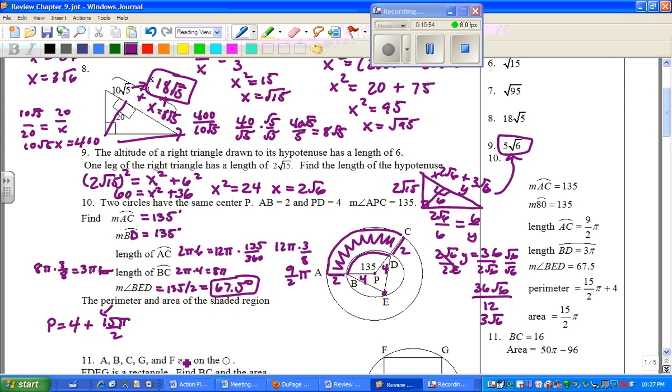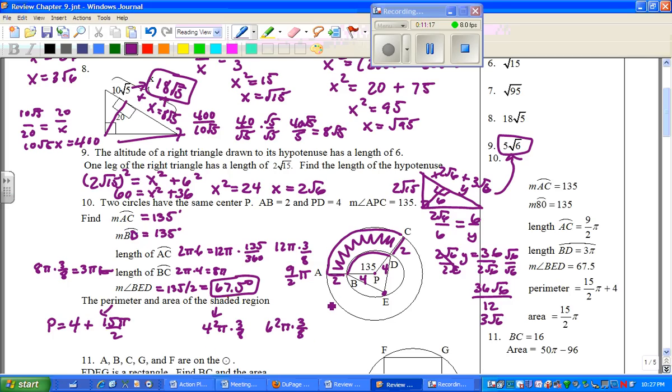The area of the shaded region, well, we need to find two areas. The area of one piece, so we have 4 squared pi times 3/8, and we have 6 squared pi times 3/8. We minus the smaller one from the bigger one.